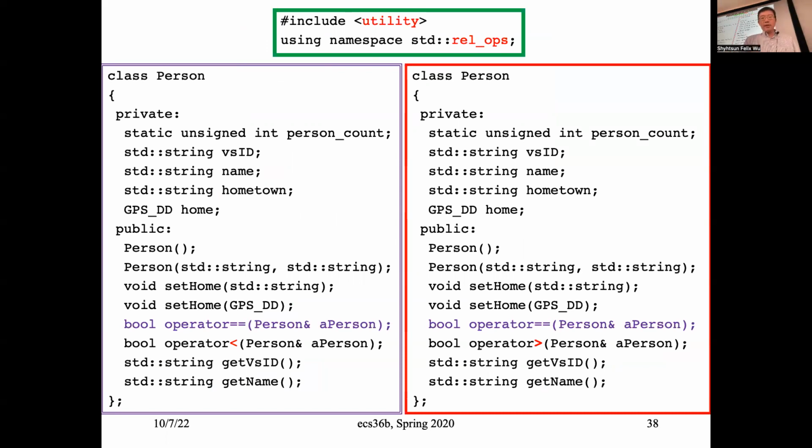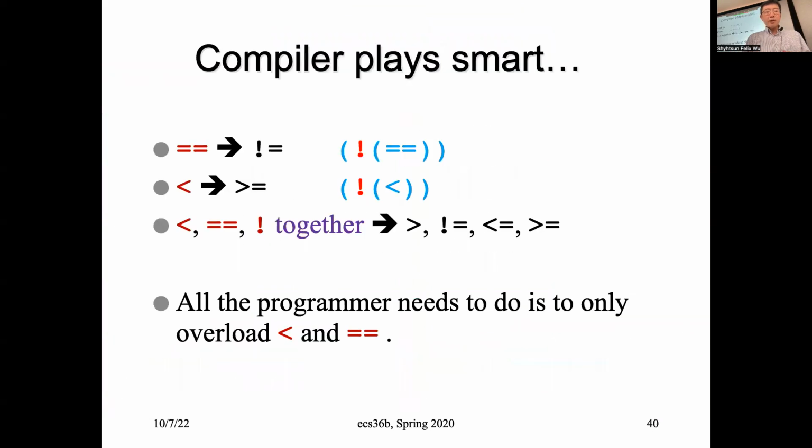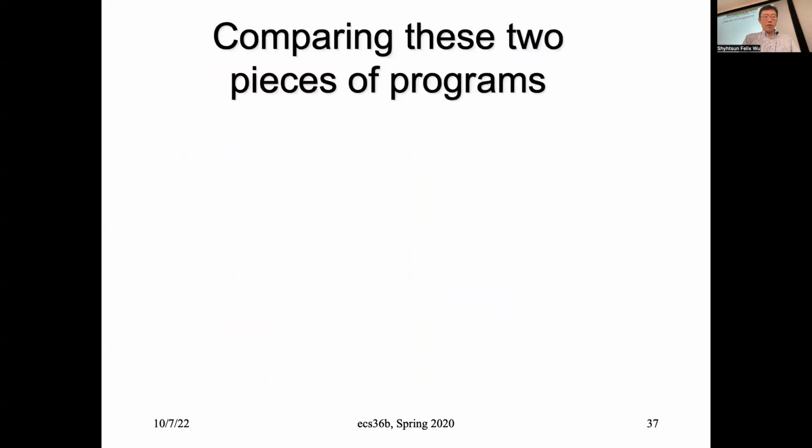So the rationale is the following. If I have defined 2 of them, which is equal and smaller than, then the compiler, because I include the rel_ops as a named scope, knows I'm going to do the trick. Because I have an equal, then it's very easy for me to implement not equal. That's essentially what this code I showed you was doing.